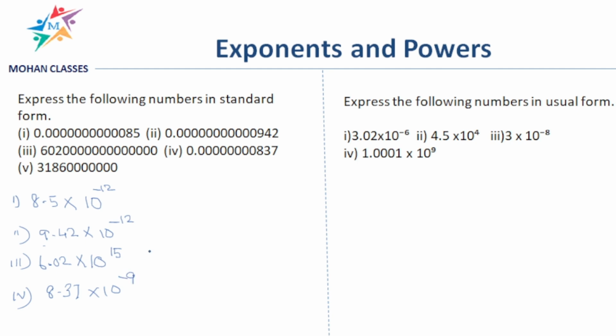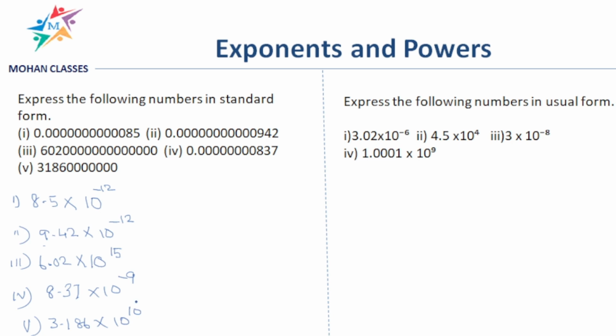Minus 9. Because we are converting decimal into a whole number. What about the last one? Here 3.186 into 10 to the power of 1, 2, 3, 4, 5, 6, 7, 8, 9, 10. 10 to the power of 10.